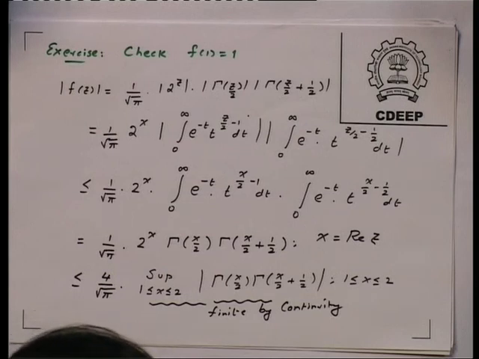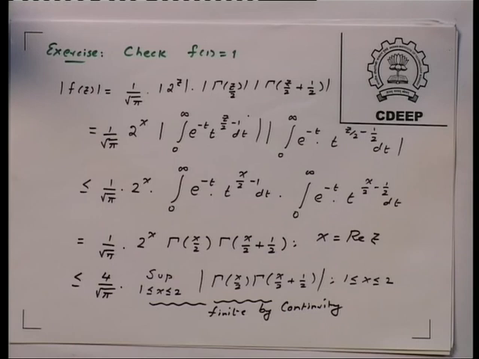And then for the gamma parts, put the integral definition and take the modulus inside the integral. Mod of integral of f is less than or equal to integral of mod of f. And the moment you take the mod sign inside, you will again see a t to the power z type of business, and the mod of t to the power a will be t to the power real part of a, correct?